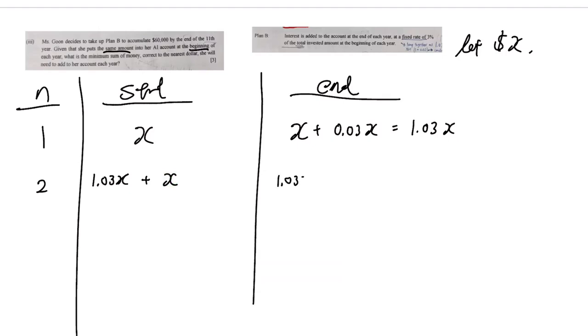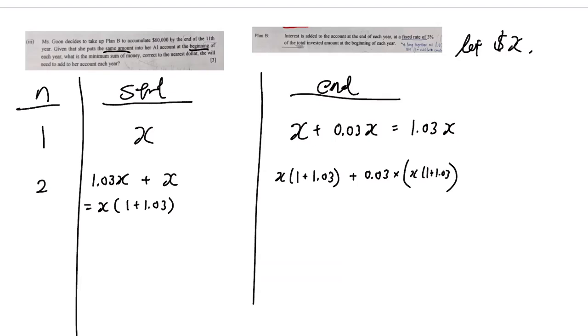So we take that amount. Actually, you know what? Let's just simplify a bit. Okay, I know I'm going against my advice, but hear me out. It works. You factor out the X. Then you take this amount. What do you do? You gain interest, right? How much? 0.03 of that amount, which is X times 1 plus 1.03.